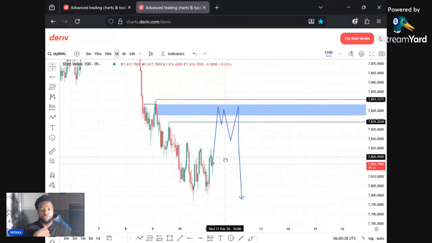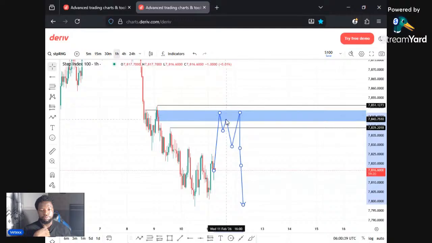I'm bearish on V100 on Step 100. I'm very, very bearish on Step 100. So price will come, give me this, and I'll sell.